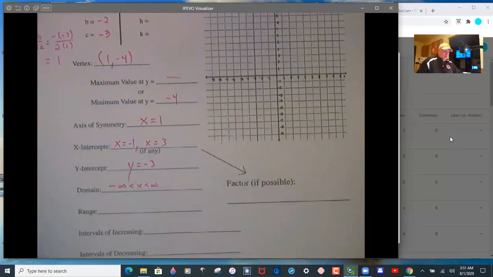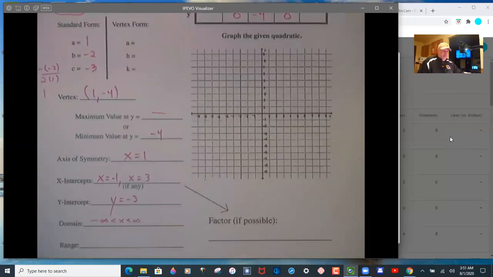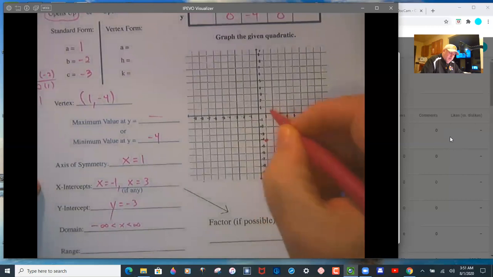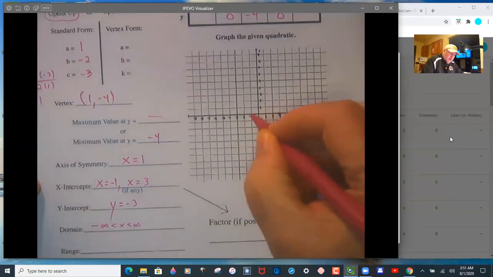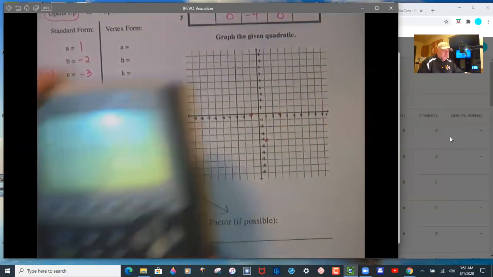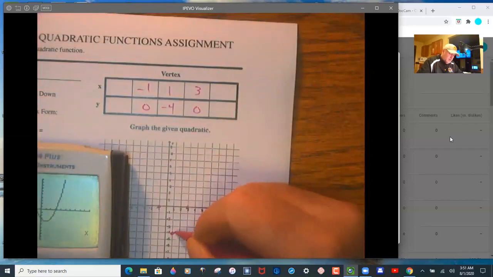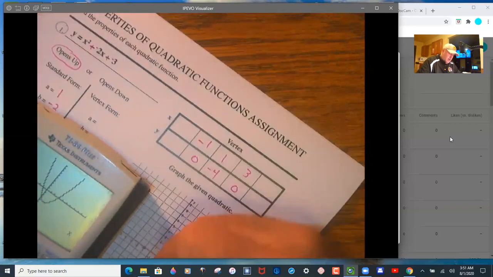So the range, and I guess we're to it right now, we want to graph this quadratic, and so you can use this nice little picture of the graph. The y-intercept is -3.